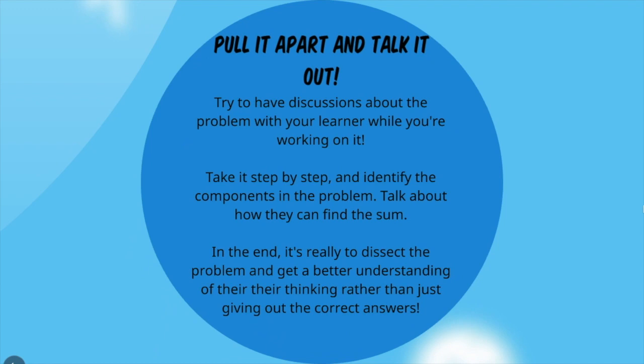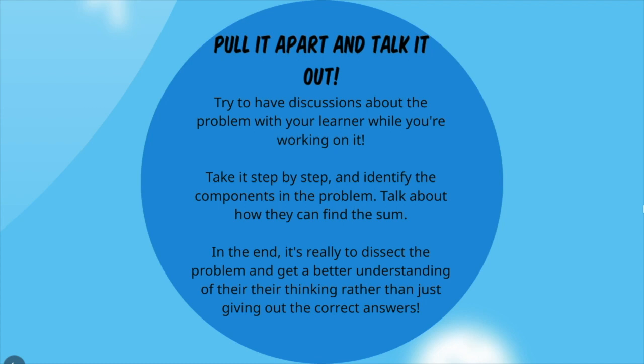One more tip that I'm going to bring up today is pulling it apart and talking it out. With this one, try to have as many discussions as you can about the problem with your learner while you're working on it. Essentially, take it step by step and identify the components in the problem. For example, you can say, okay, my first number is 2, and my action is adding them. Then my second number is 3.